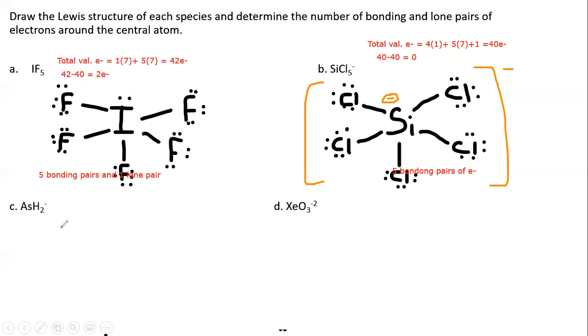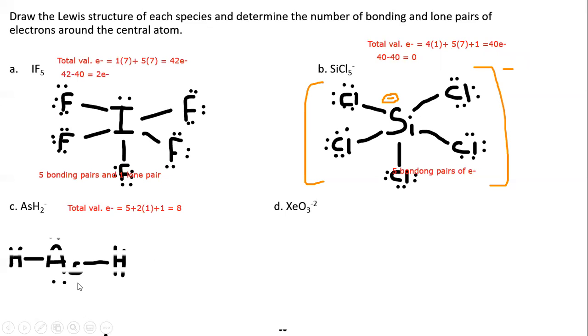Next we go to AsH2 minus. Here it's best to draw out the Lewis structure. So we have a total of 8 valence electrons. So arsenic has 5, each hydrogen has 1, and we have a negative charge, total of 8. Now you have to remember that hydrogen only wants single bonds.